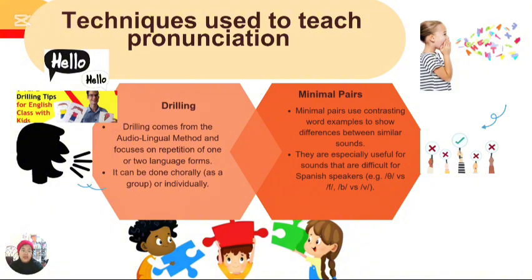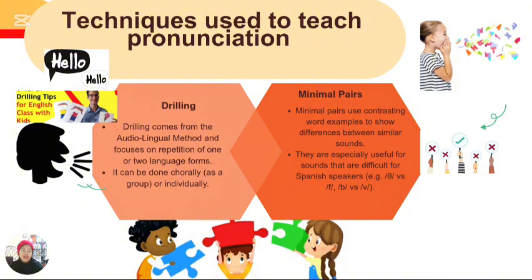On the other hand, minimal pairs use contrasting words, for example, to show the difference between similar sounds. They help students notice and understand a small pronunciation difference. They are especially useful for sounds that are difficult for Spanish speakers.